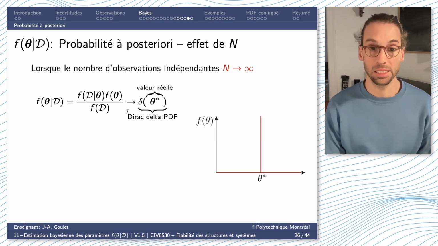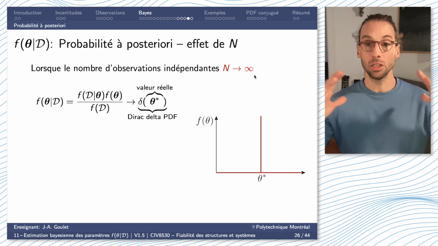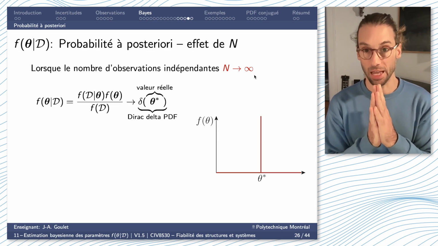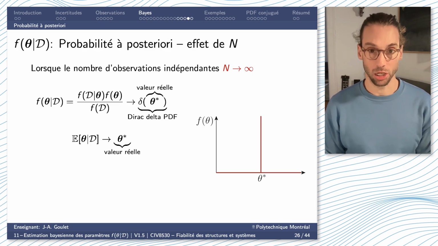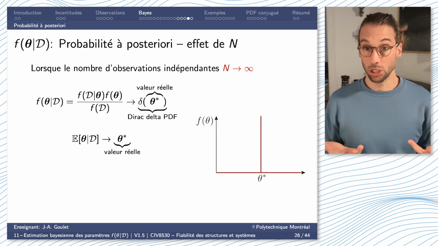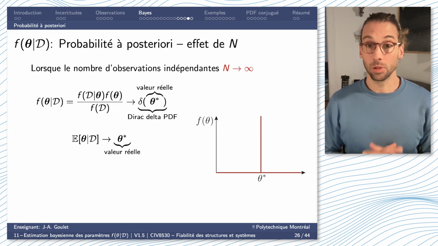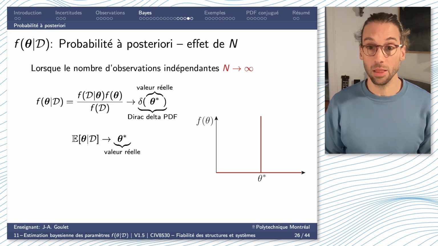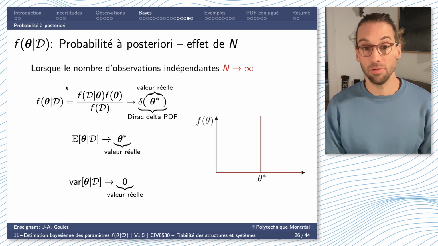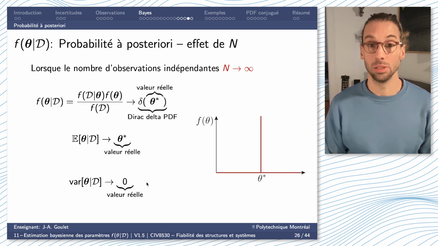So when we have infinitely many data points, all the uncertainty about our parameter is going to vanish and all the probability content is going to concentrate on a given value. In such a case, simply computing the empirical value for our parameter is going to lead to the true value, and the variance is going to tend to 0.